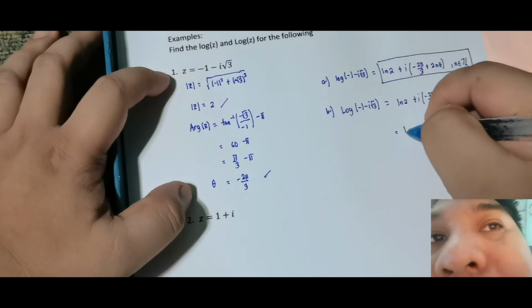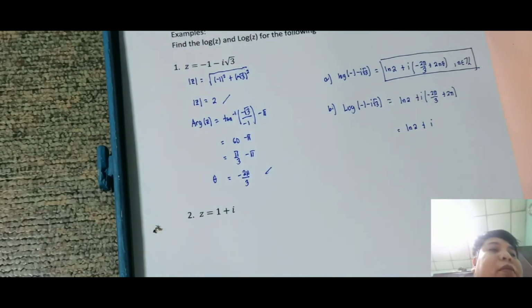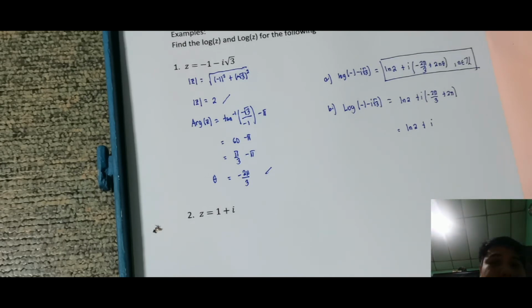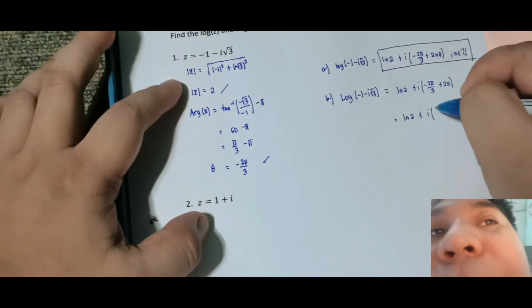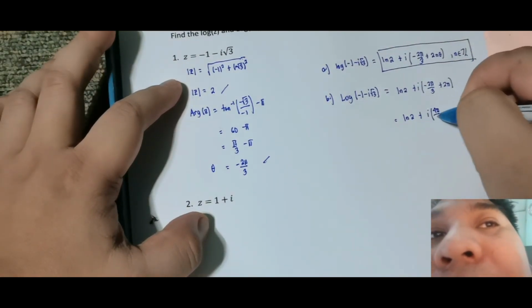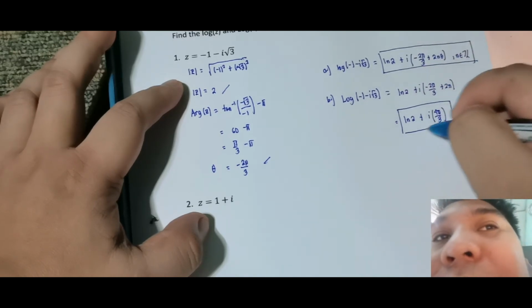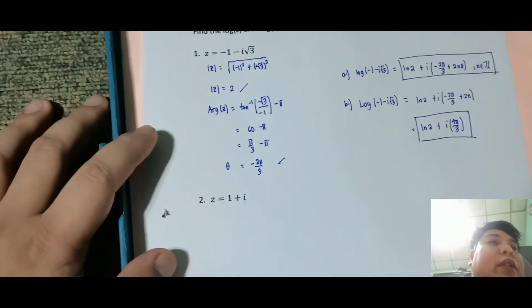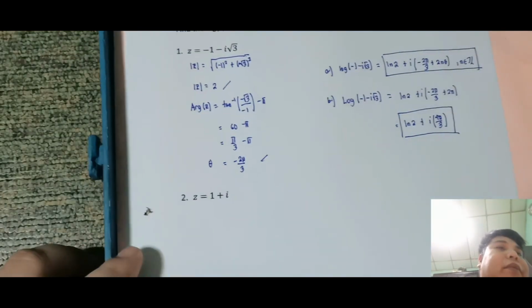So, this is simply ln of 2 plus I, then 2 pi plus negative 2 pi over 3 is 4 pi over 3. So ito yung ating principal logarithm. Okay, so ganun kasimple. Hanapin mo na yung modulus, hanapin mo yung principal argument, then apply natin yung formula.